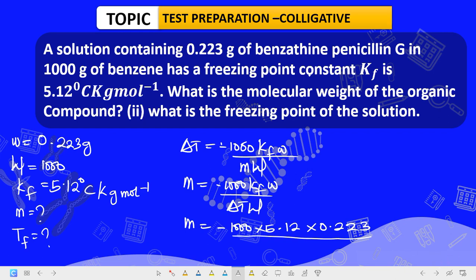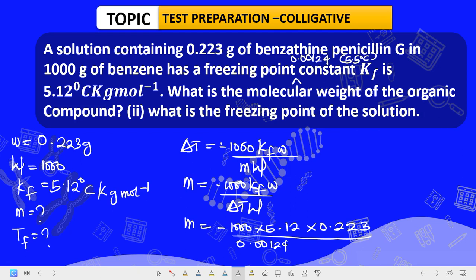Now the main question we have here says has a freezing point of 0.00124 below that of the pure solvent benzene. The freezing point of benzene was given as 5.50 degrees Celsius. So what is the molecular weight of the organic compound? I believe that here there was a mistake in the main question, so it was corrected. So in this question now, the change in freezing point was given, and it is 0.00124.